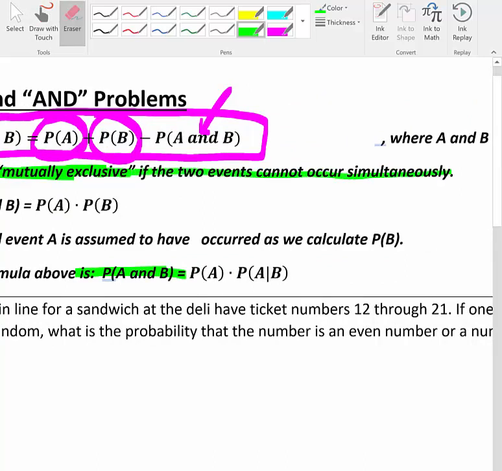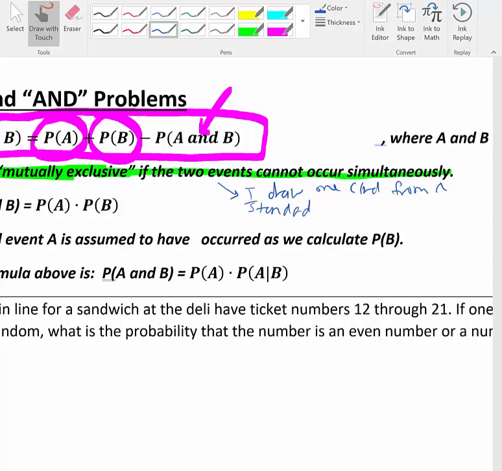An example with playing cards: if I draw one card from a standard deck, let's say A is the event that it is a king, and B is the event that it is a 10.